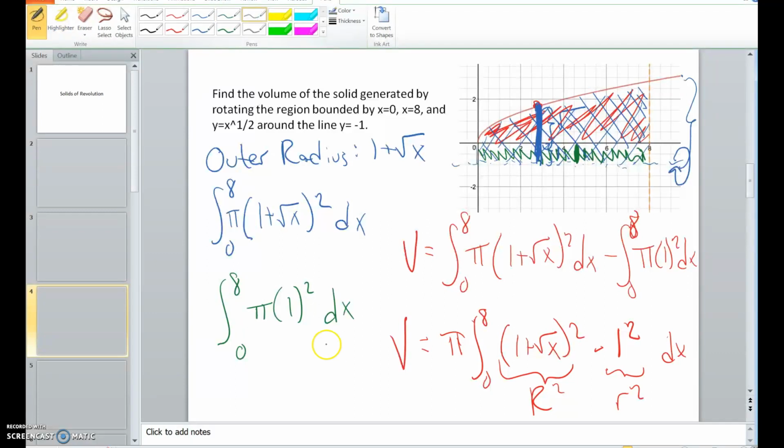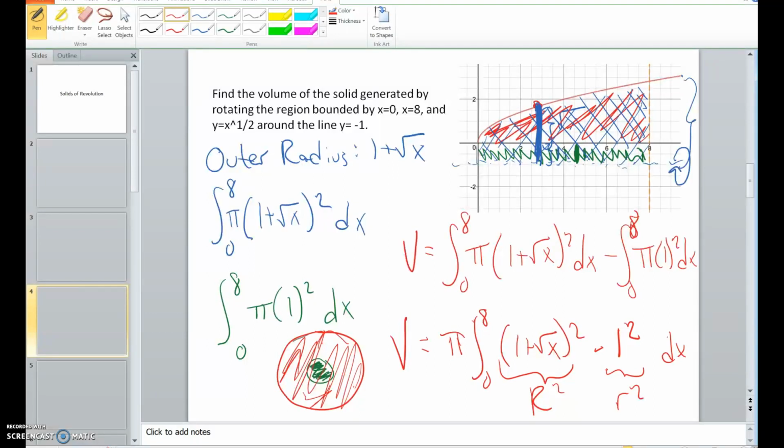The area of a big circle, so our outer circle was in red. If this is a cross section of that shape, it would look something like this. And then we're subtracting the area of the green center in here. So we are trying to subtract the green area from the red area, not the green radius from the red radius.